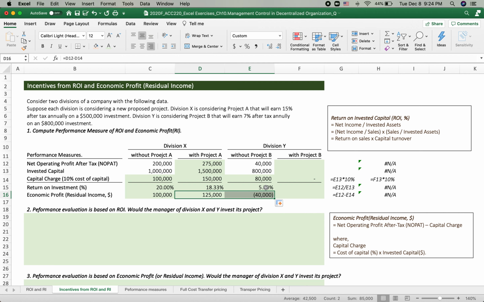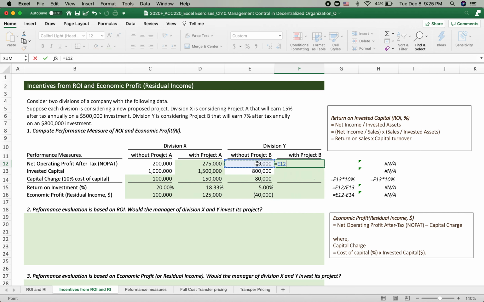Pretty low. Then what would happen if division Y adds this project B? So once again, the net operating profit is increased by $800,000 new investment times 7%. So 96,000 is the new net operating profit after tax for division Y.